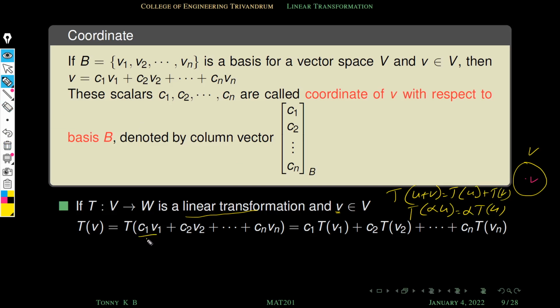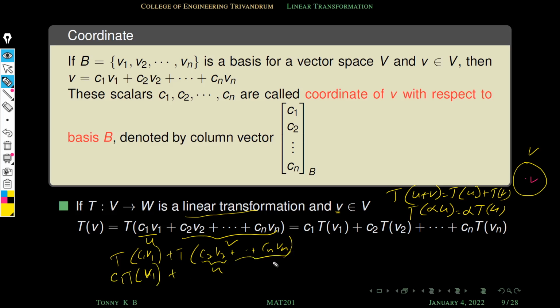First of all, we consider this as u and this as v, right? Then using the linearity property, this is T of c1 v1 plus T of c2 v2 etc plus cn vn, correct? Then again, for the first term you can apply the second property, so this becomes c1 times T of v1. Plus again you can consider the first term as u and the remaining as v, and use the first property.